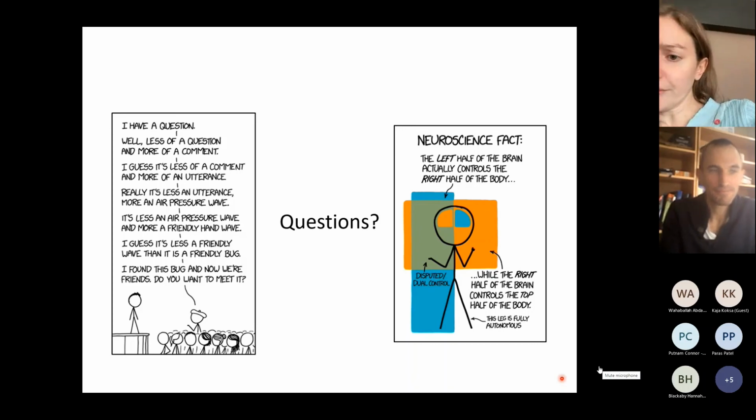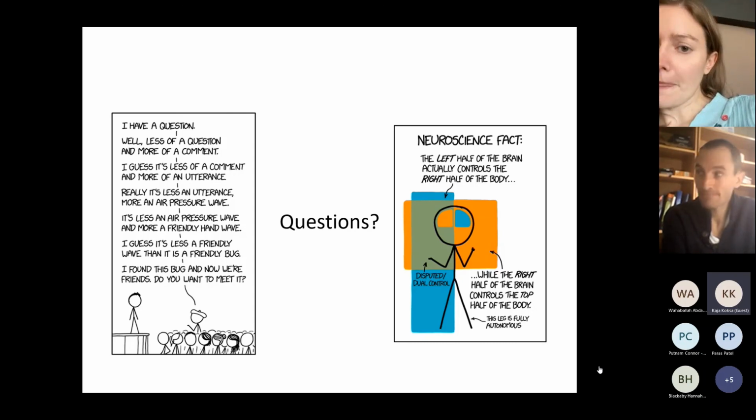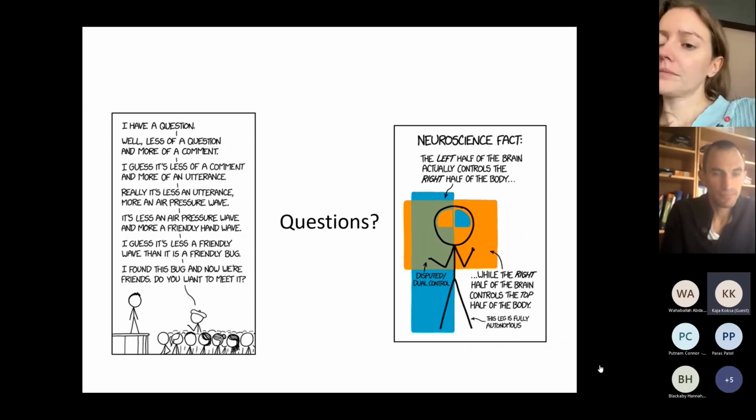Has anybody got any questions? Kaya? I don't think that's a question per se, but I found managing patients with low GCSs very difficult in ED, especially post-trauma. I think there's a different category if it's post-trauma and young patients, and obviously they need immediate management. I think it starts to get really complicated when there's a patient who's elderly and they fall and they've got a head injury and they are post-cardiac arrest.